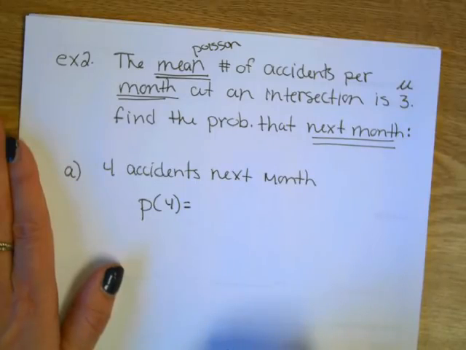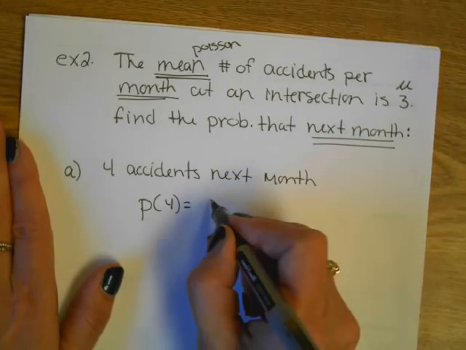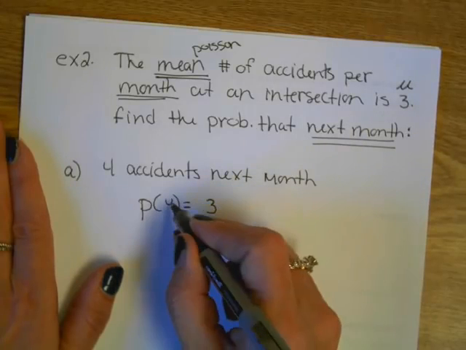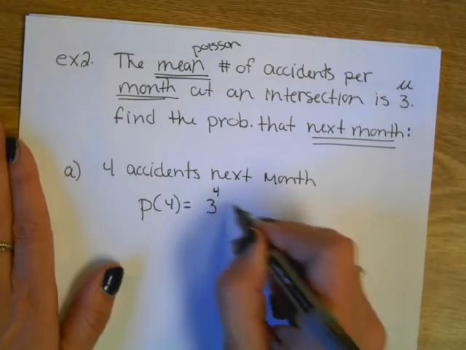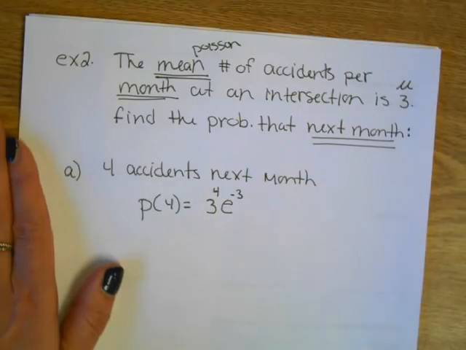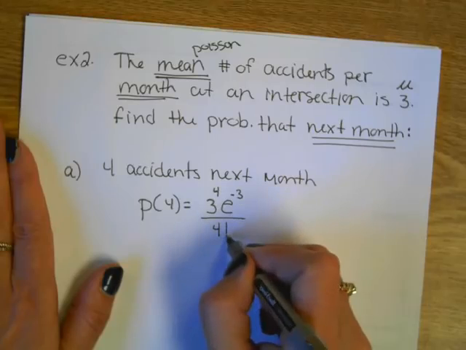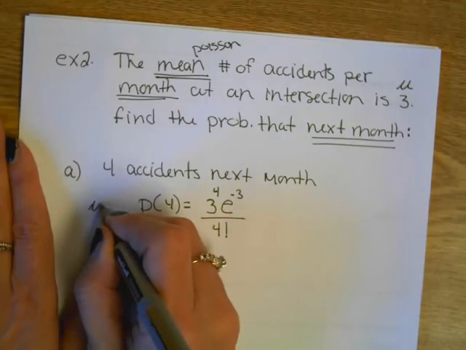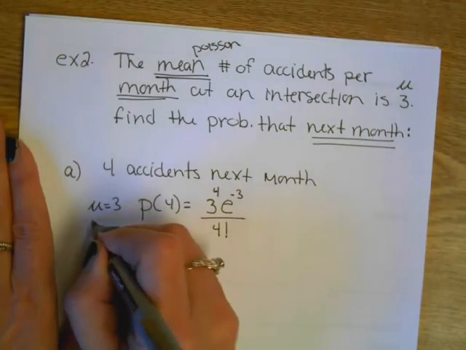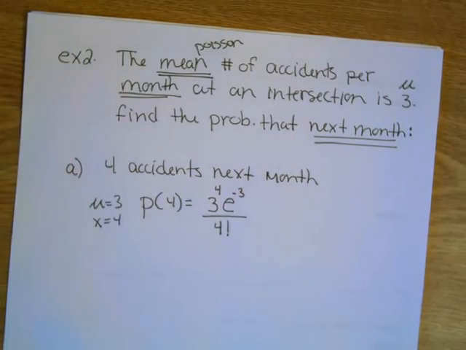The formula that I gave you earlier was the mu, which is 3, raised to the x, which is 4, times e raised to the negative mu, all over x factorial. So maybe you want to write down that mu is a 3 here, x is 4. Let me grab a calculator.